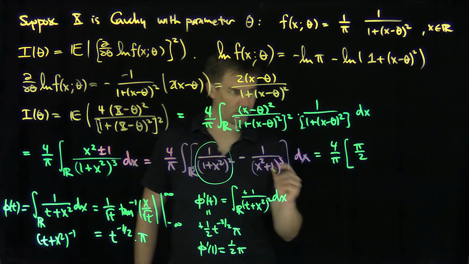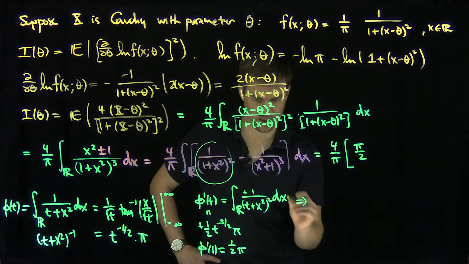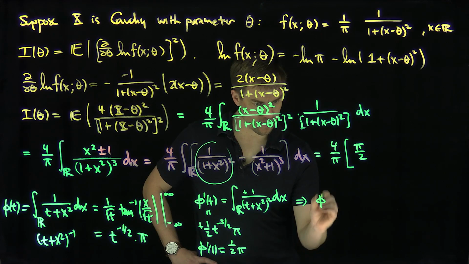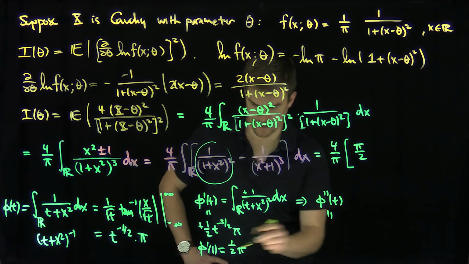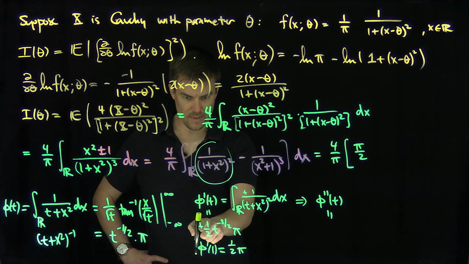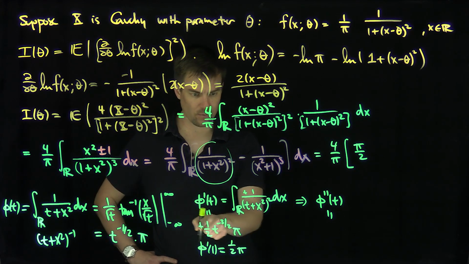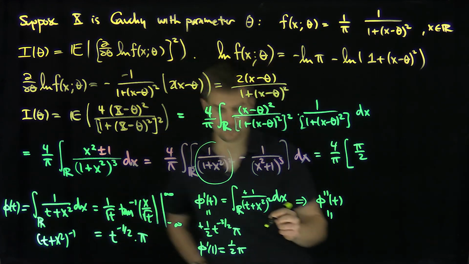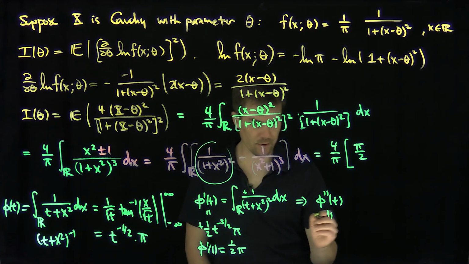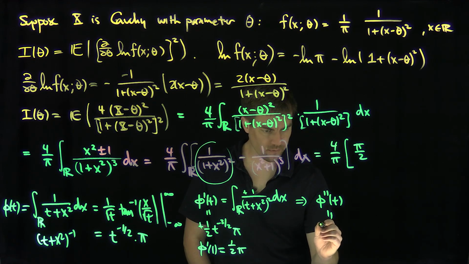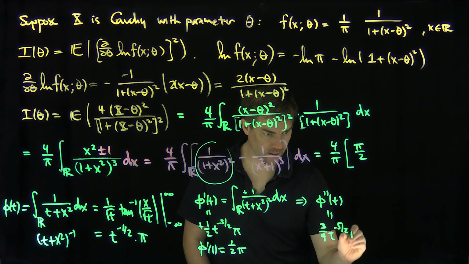Okay. Now the next derivative is phi double prime of t. On one hand, let's take the derivative of this formula. We have to keep that negative sign in there, so it's going to be a positive 3/4 t to the -5/2 pi.